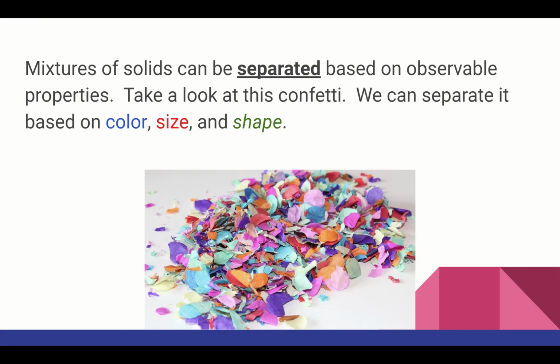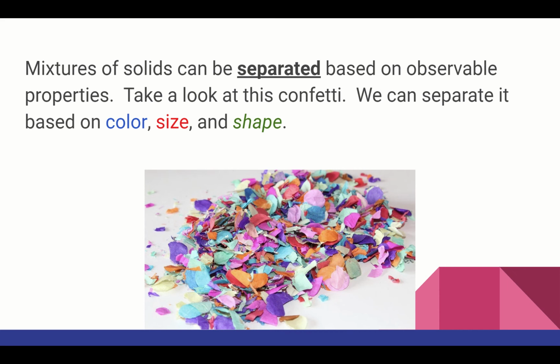All right, so mixtures of solids can be separated. And this is going to be really important because a lot of your questions are going to be about how do we separate different mixtures. But mixtures of solids can be separated based on a lot of different things. So this confetti, for example, we can separate it based on color. We could put all of the purple confetti in one pile, all the blue confetti in another, all the orange confetti in another pile.